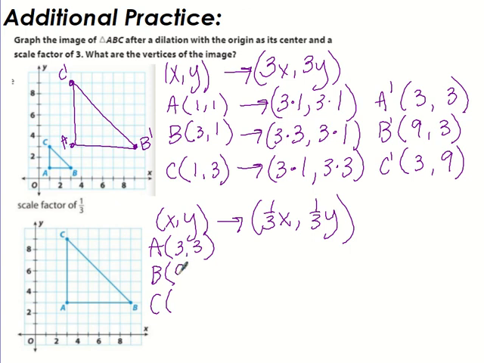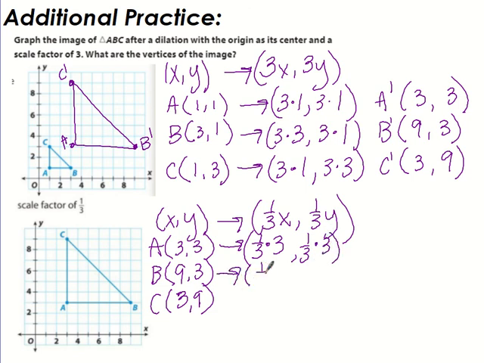B is at 9, 3. And this one's at 3, 9. So what it looks like is you're going to times just like you did before, technically, but we know that when we're multiplying by a fraction, it's the same as dividing by that denominator. Remember we did this when we had cones, we just divided by 3.